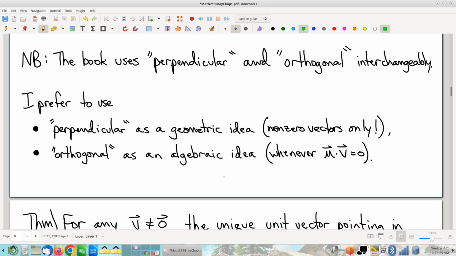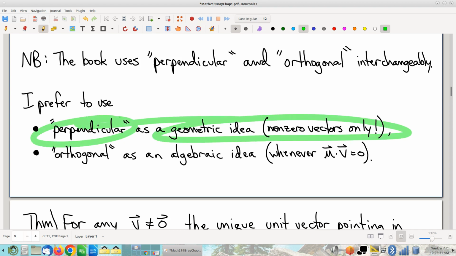So to me, perpendicular should be used only to refer to the geometric phenomenon that we're talking about here, about right angles, which, very importantly, only makes sense if the vectors are non-zero. You can't talk about whether the zero vector is perpendicular to some other vector. It doesn't even point in a direction.